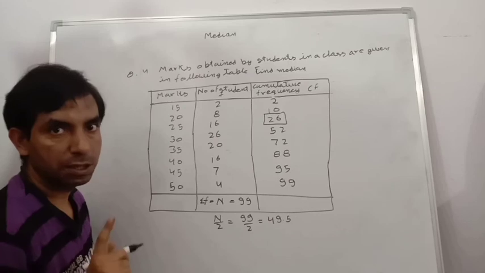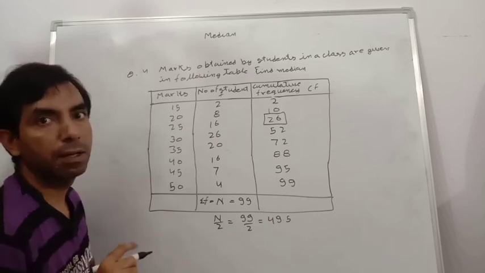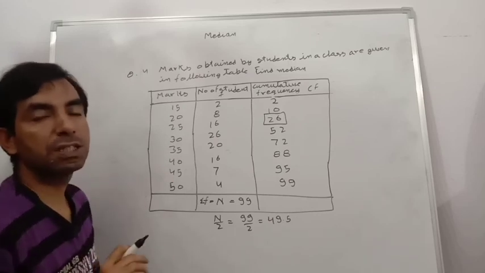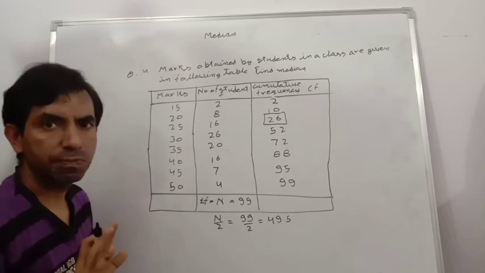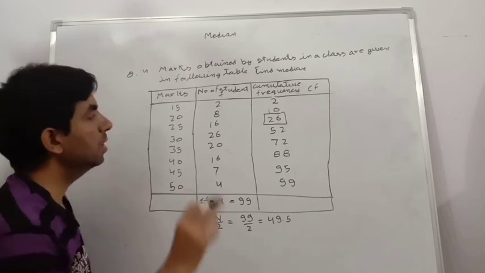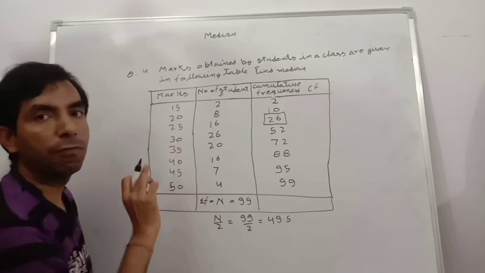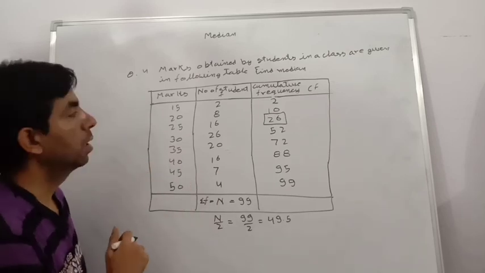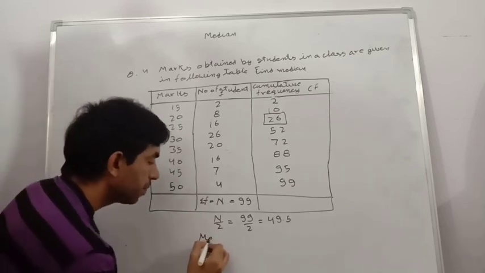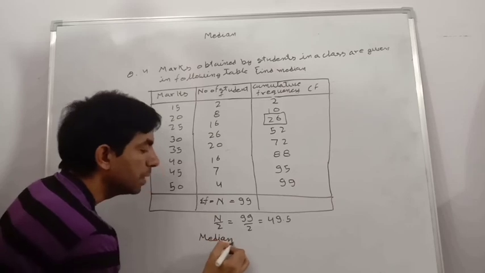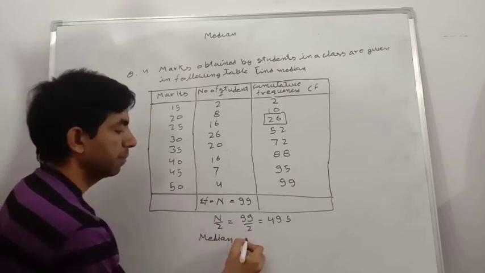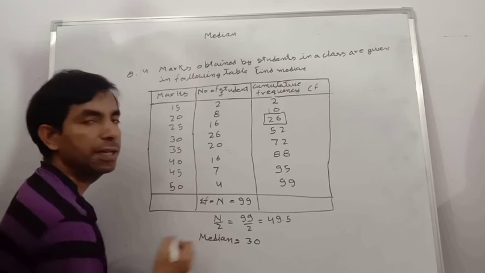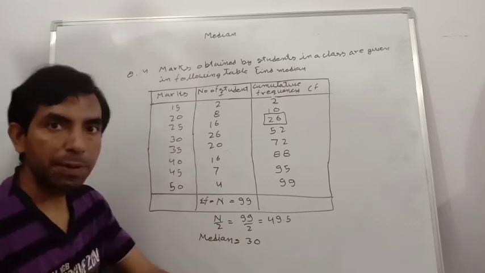CF is 26. And the median in an ungrouped frequency distribution table we can find easily. The next value of x is the median. Median is 30.